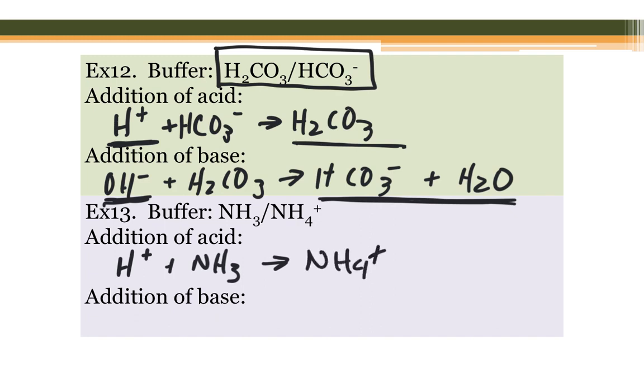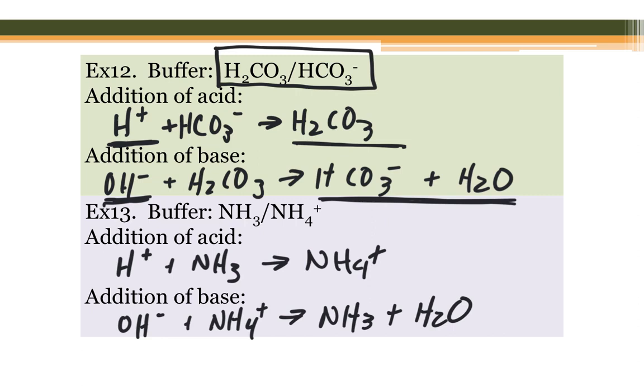Having absorbed the hydrogen ion, it will maintain neutrality. If I added hydroxide ion and it combined with the NH4+, it would actually produce NH3 and water. Again, maintaining neutrality of the cell, or of the solution. Shouldn't say cell. In your blood, that's absolutely true. But yes, this is how this works.